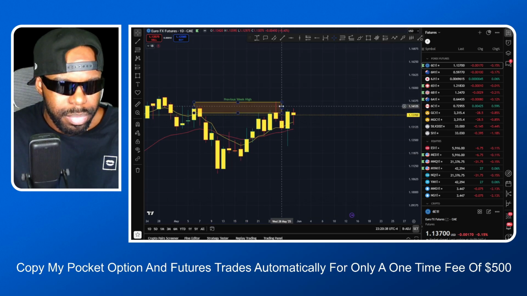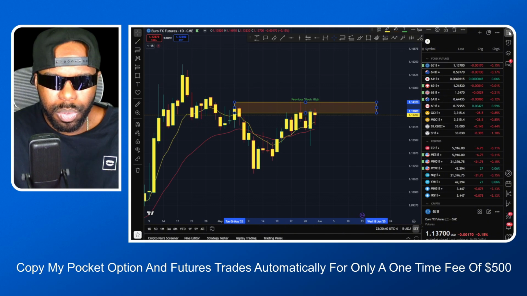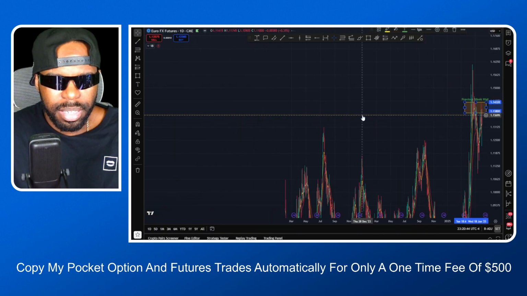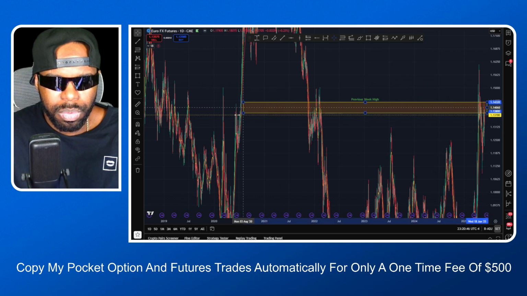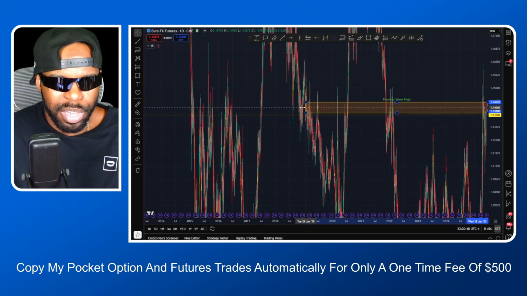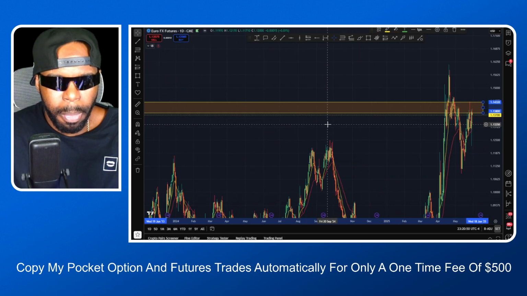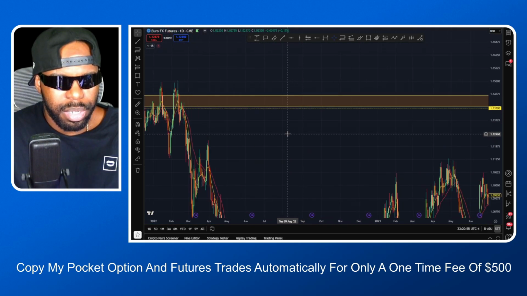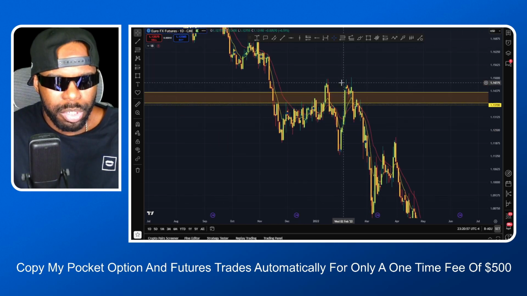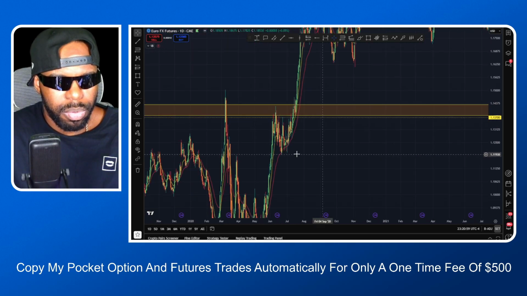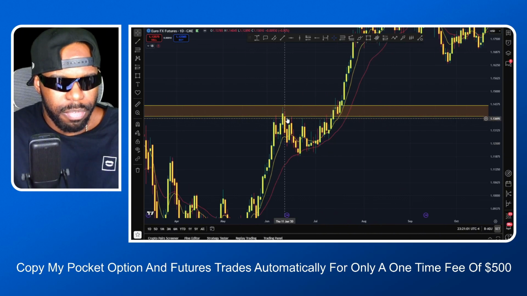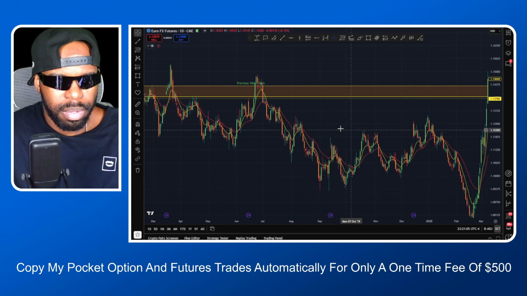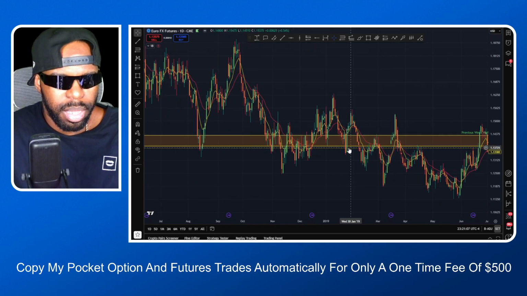What I like to do is draw this back in the past and see if this zone was being respected, rejected, or broken. As you can see, there's some type of rejection off of this zone here, here as well, and here.